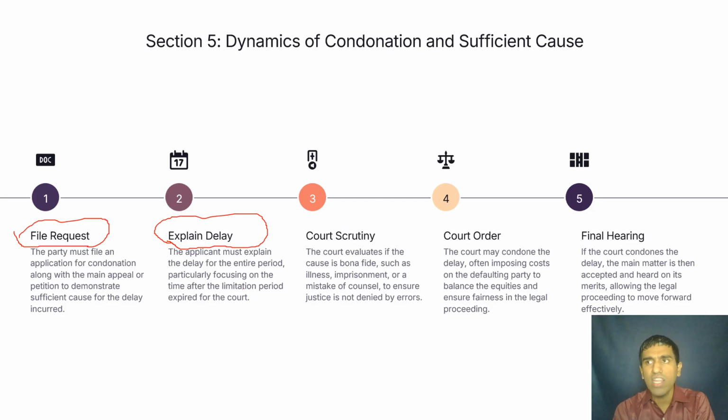Let's say you file the case after 4 years in total. So you must explain the reasons for the delay beyond 3 years. You must explain the additional 1 year, what happened within that additional year due to which you could not file the case on time.